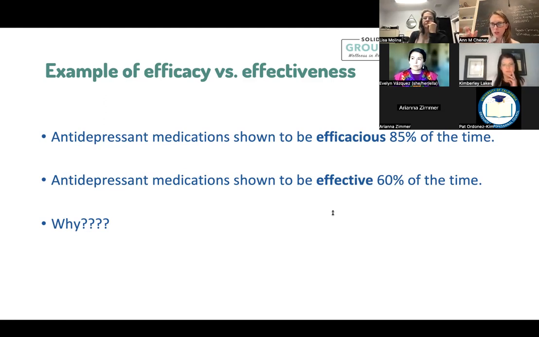So one is very controlled, one is real world. In a controlled environment, we can see that antidepressant medications are shown to be 85% efficacious. However, when we think about antidepressants in real world settings, they're about 60% effective.